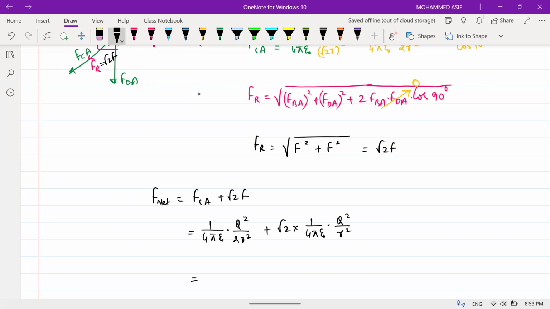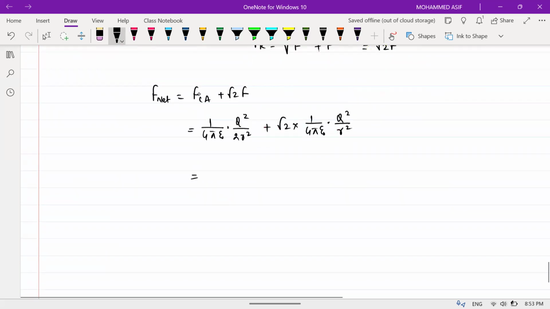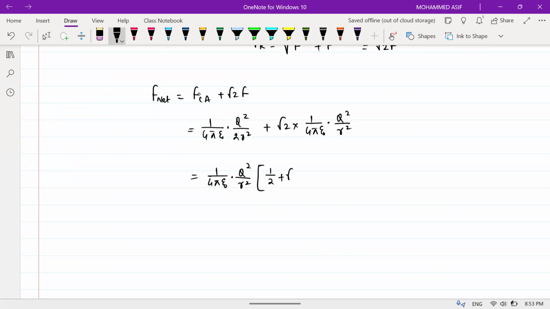What can I take common in this? 1 by 4 pi epsilon naught into Q square divided by R square is common. It will be 1 by 2 plus root 2.